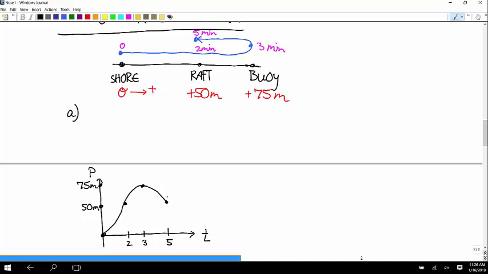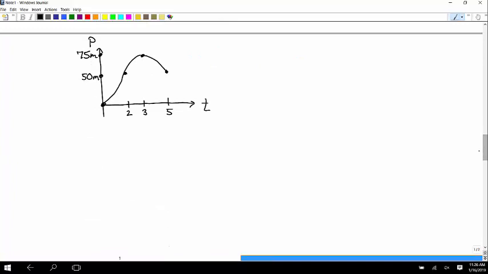And it's 2 more minutes to get from here to here, so 3 minutes plus 2 is 5. So the times just keep adding up. Even if the positions are going negative, times never go negative. Any other questions about that one?